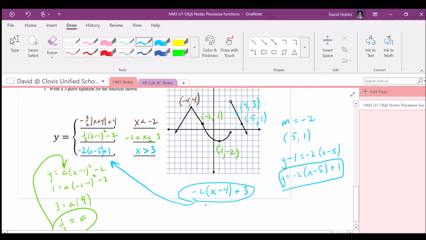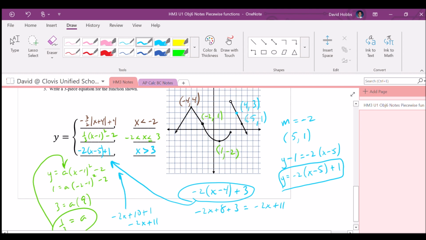So negative 2x plus 8 plus 3 is negative 2x plus 11. And if you look at this one over here, we get negative 2x plus 10 plus 1, and amazingly enough, we get negative 2x plus 11. So it works either way there.